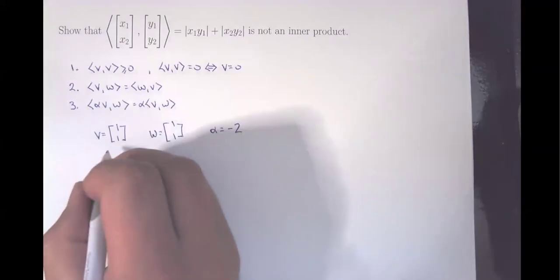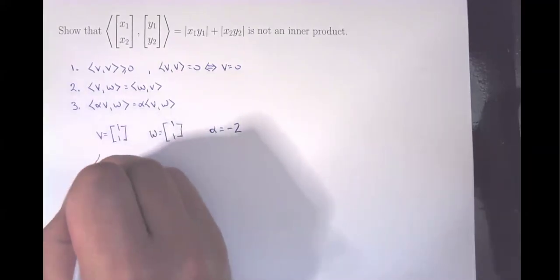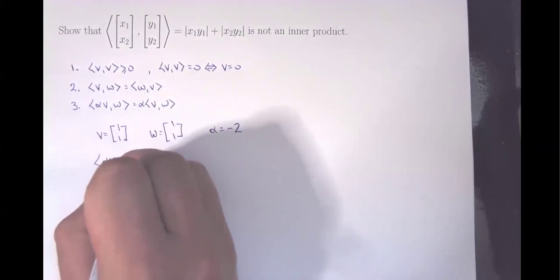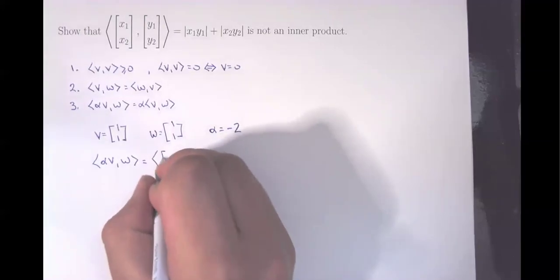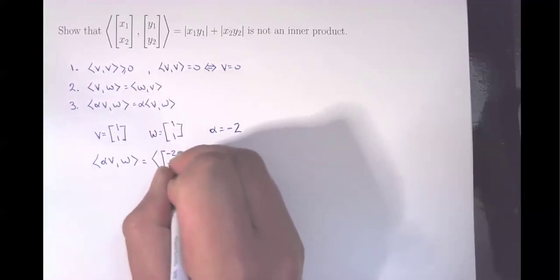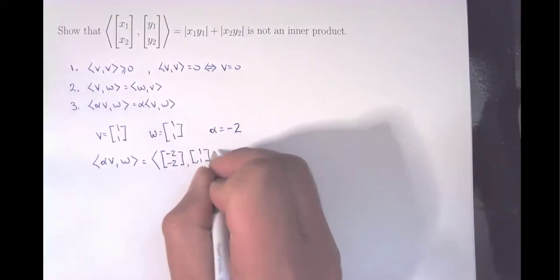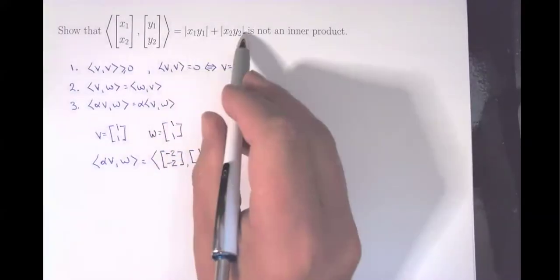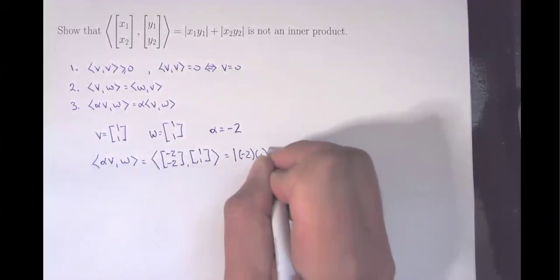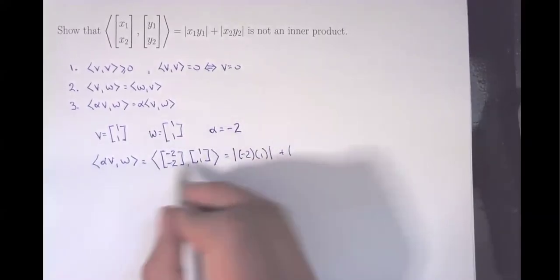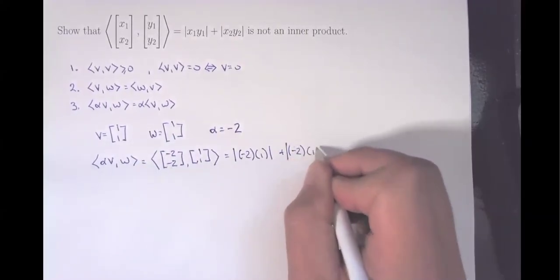So the inner product of alpha V, which is -2, -2, with W, which is 1, 1, based on this definition up here, would be the absolute value of -2 times 1 plus the absolute value of -2 times 1.